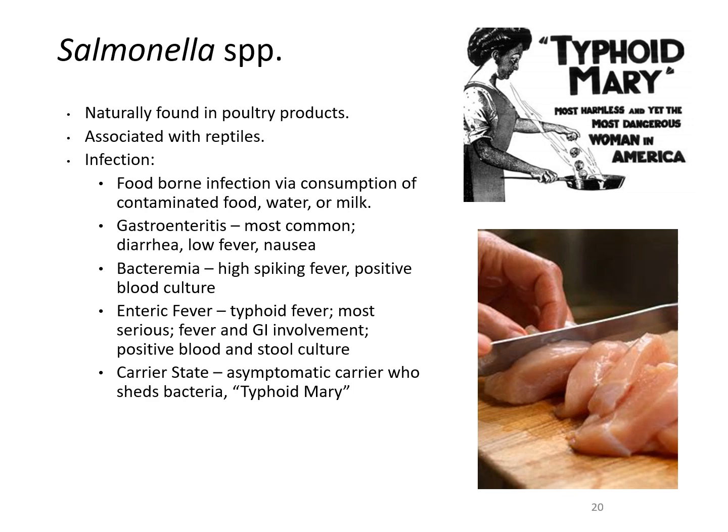And so you can actually have carrier states with this organism where someone can be asymptomatic but actually carry the organism, and then they shed that bacteria without knowing it, and then they can contaminate food, which in turn can cause an effect to someone who ingests that food that has been contaminated.